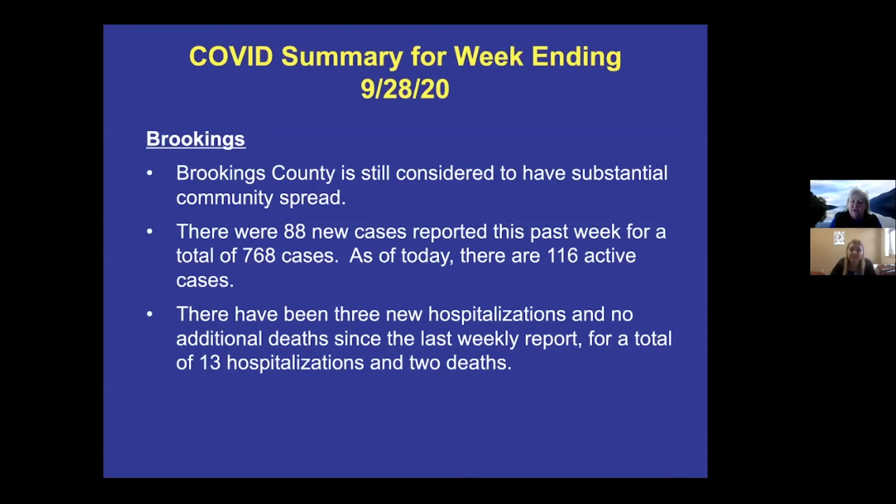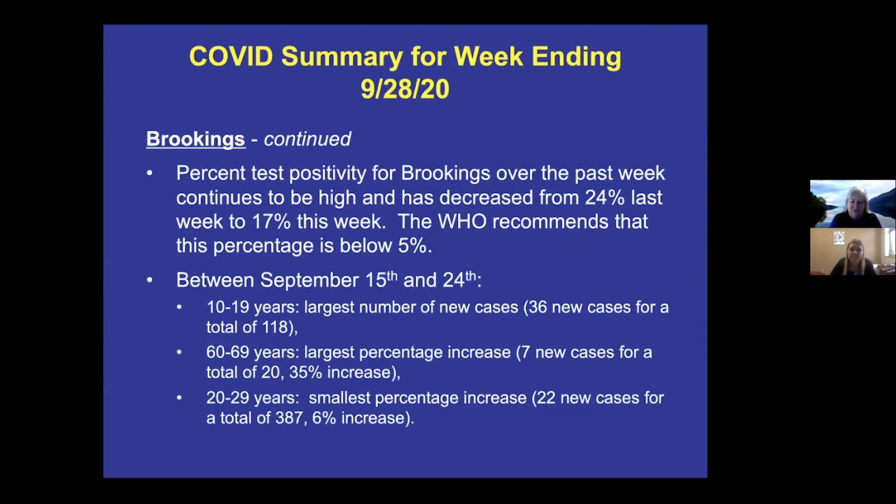So there's a total of 13 hospitalizations and 2 deaths for Brookings. The percent test positivity over the past week continues to be high. It did decrease today, down to 17% for the 7-day running average, but that's still pretty high. The World Health Organization recommends that it be below 5%.